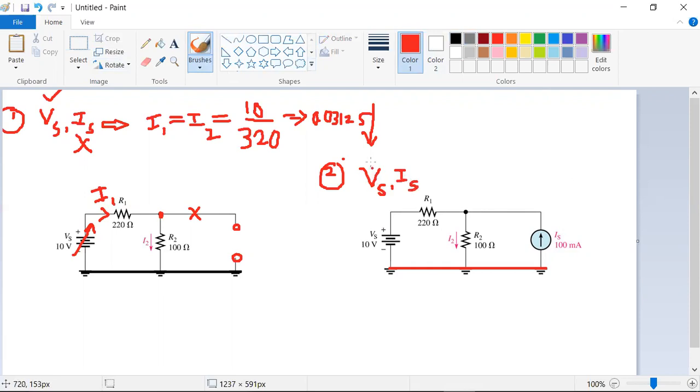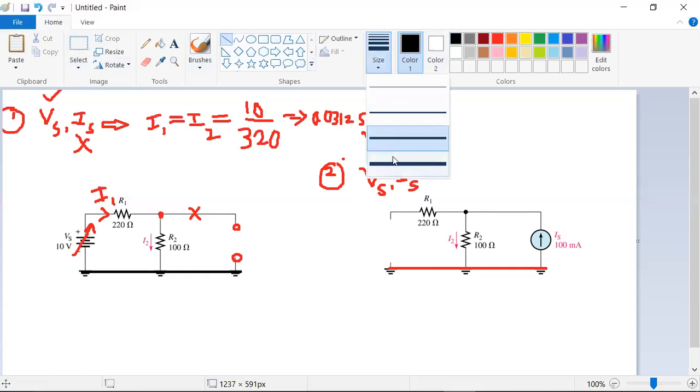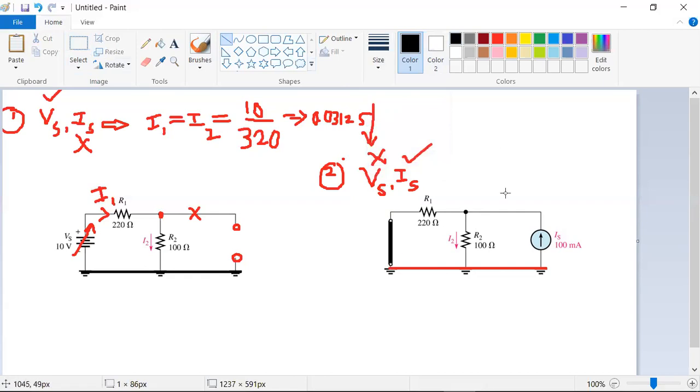Already I considered Vs, so now I'm going to remove it by replacing it with its internal resistance, and consider this Is. How am I going to replace it? By replacing this voltage source with a thick line. This is a short circuit, so I'm short circuiting this path.